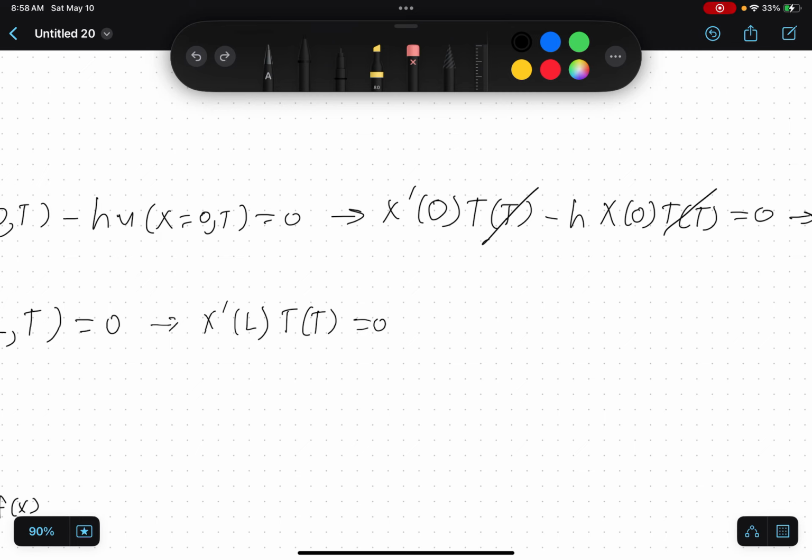There's no restraint on t here. So what we're saying is that this has to equal 0. Yep. Cool.